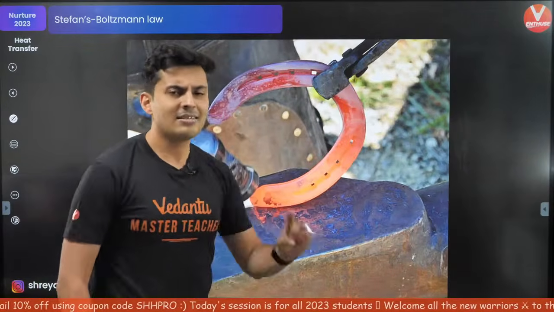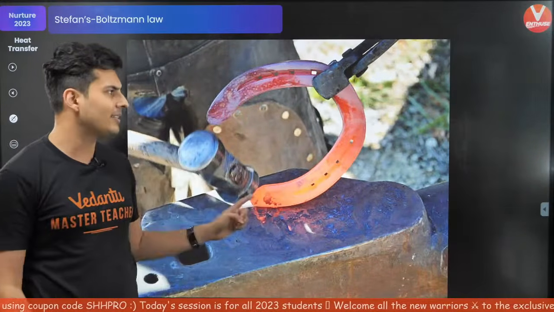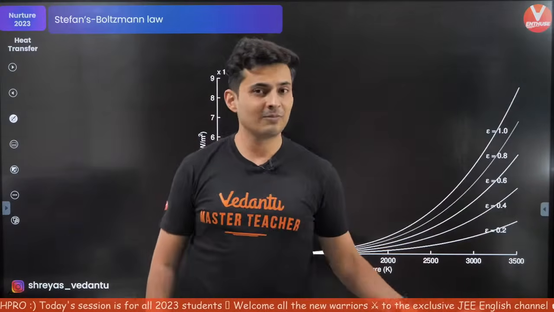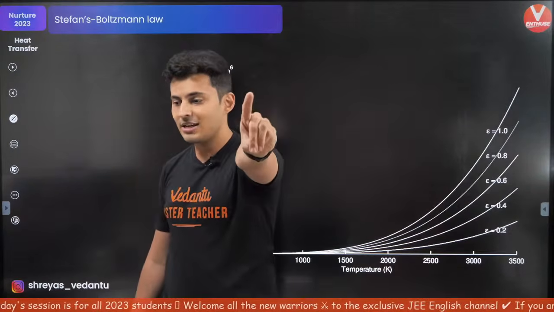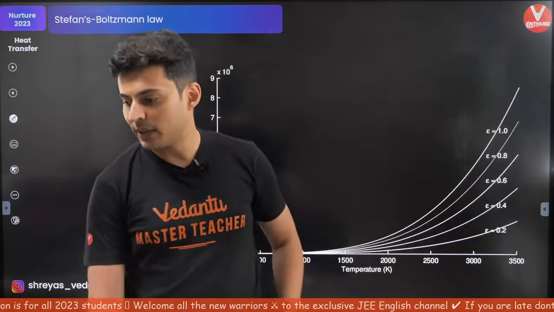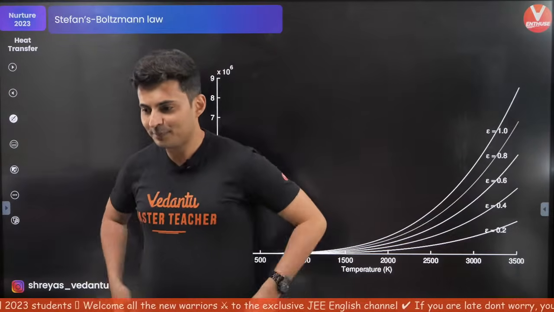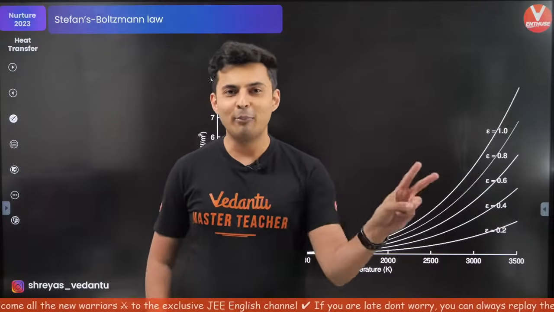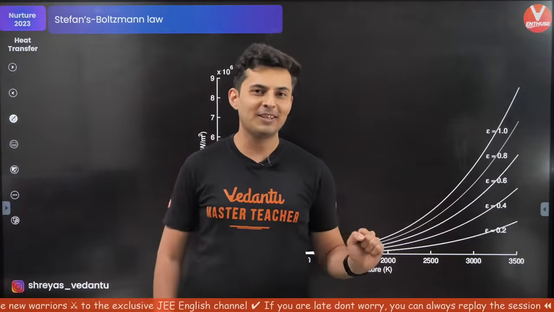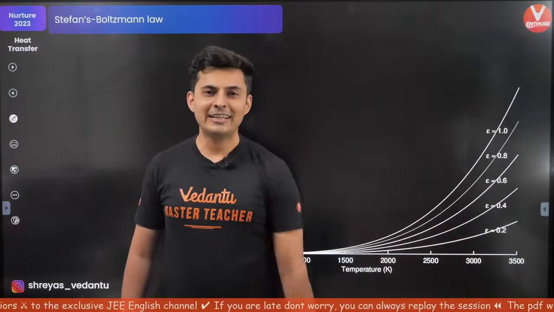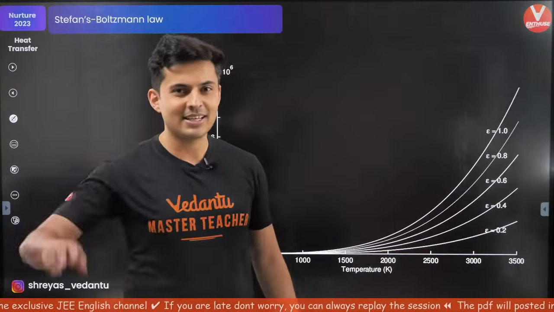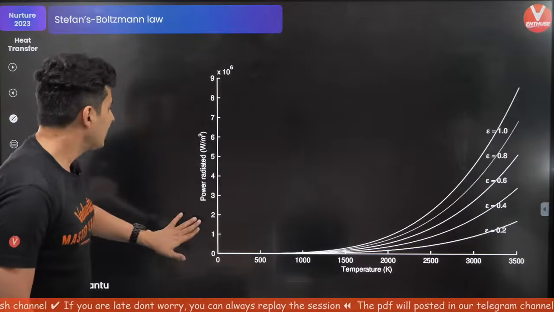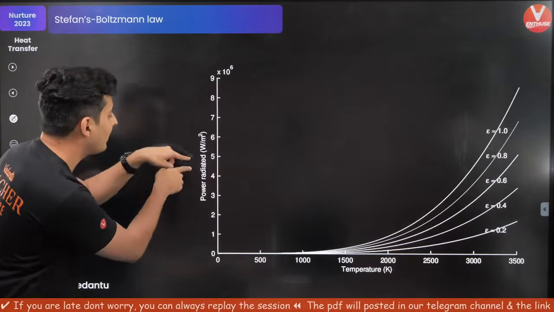That means the energy which is coming out of that surface is dependent on three things, my warriors. Number one is the area of the surface. Number two, temperature of the surface. Number three, the material of the surface. And that's what you can see in this graph. This is the amount of power radiated.